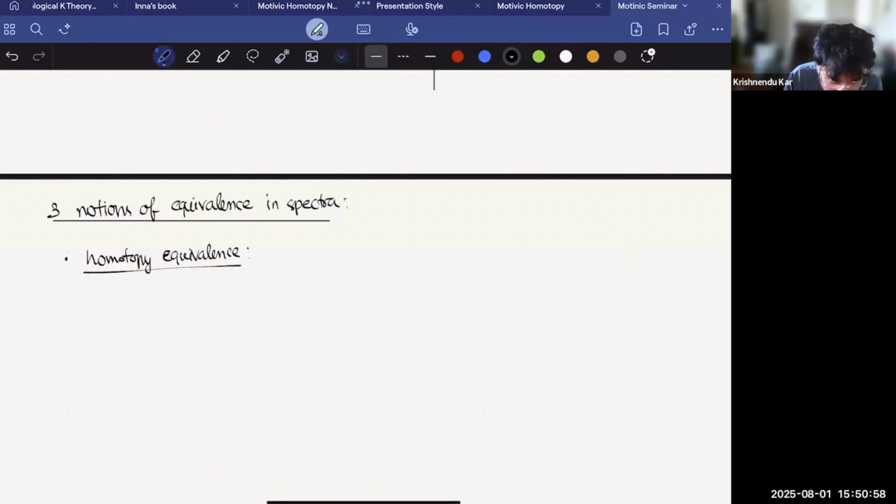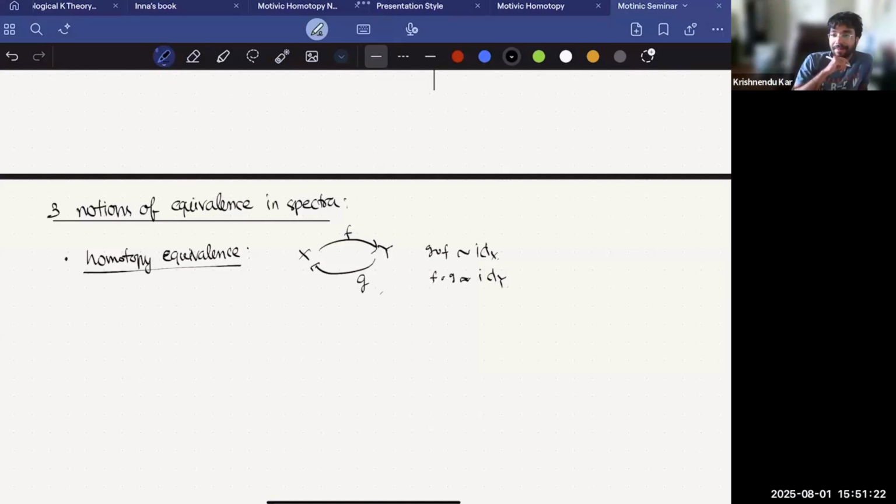So, a map, X is your spectra, Y is your spectra. They are called homotopy equivalent if I have a map F from X to Y, and a map G such that G composed with F is homotopic to the identity, and F composed with G is homotopic to the identity. Now, what is this notion of homotopy?